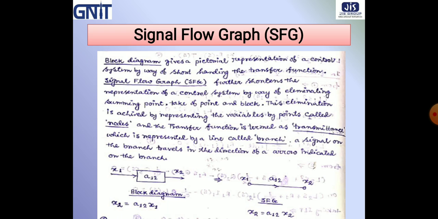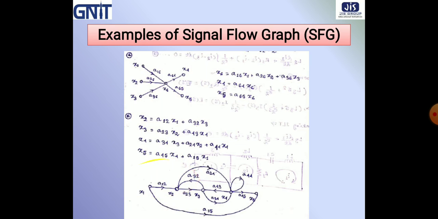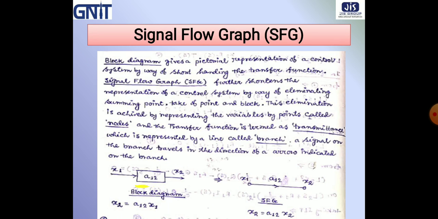Now suppose, take one example. Here this is the block diagram. Here A12 is the transfer function, where x1 is the input, x2 is the output. So we can write x2 is equal to A12 into x1. Now if we represent this block diagram as a signal flow graph like this, then we just represent input and output, that is x1 and x2, as a node.